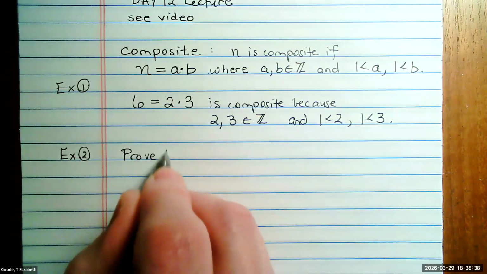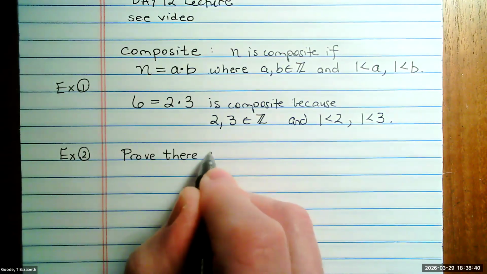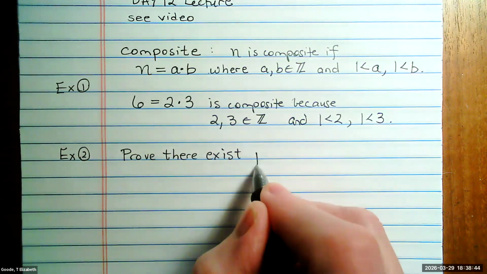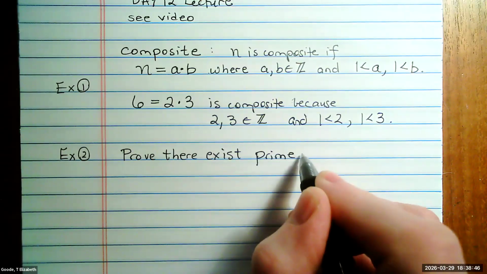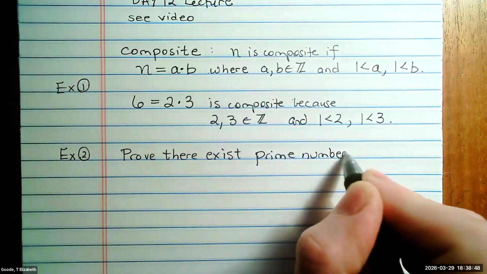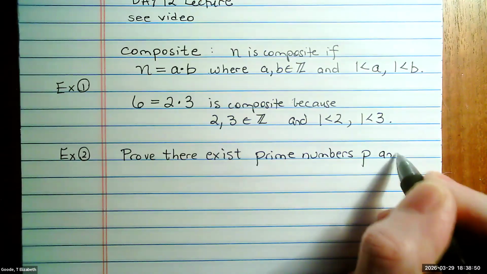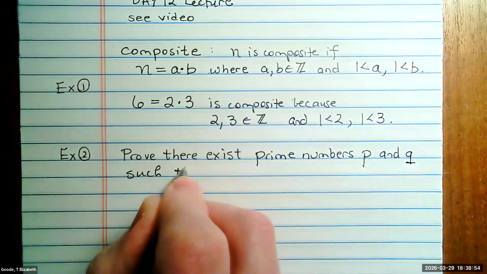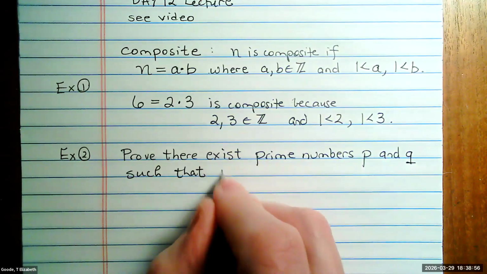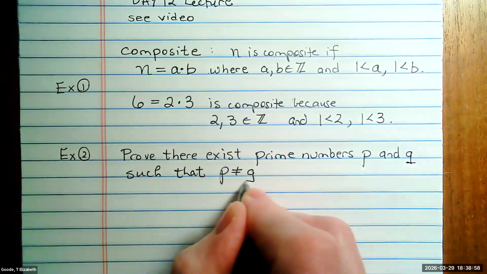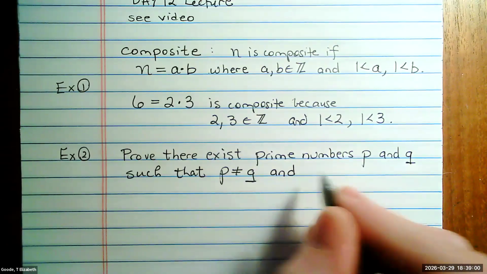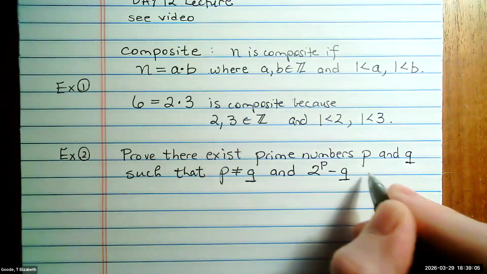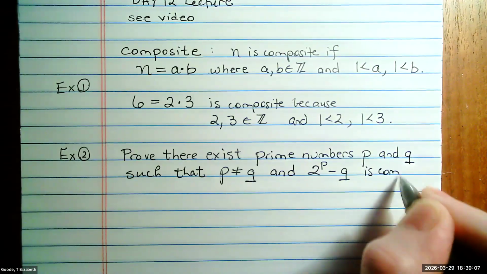Prove there exist prime numbers P and Q such that P is not equal to Q and 2 to the P minus Q is composite.